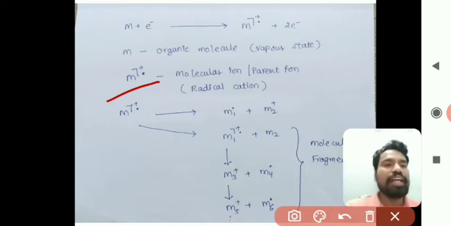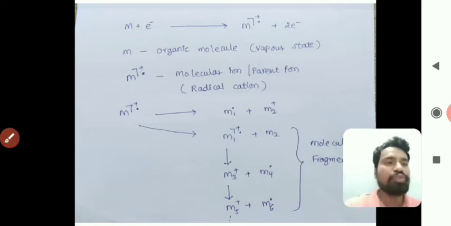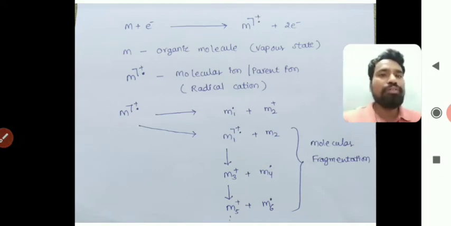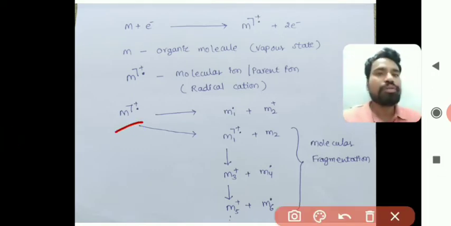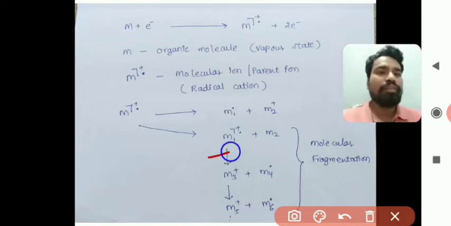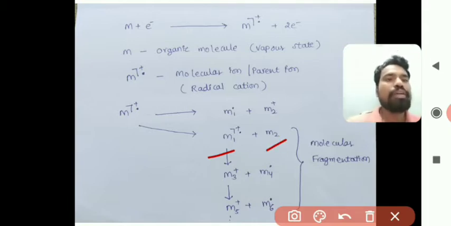Whatever radical cation is formed here will undergo further fragmentation. That may give M1 radical cation plus M2 plus, or it may be M1 radical cation plus M2, a neutral molecule, right.